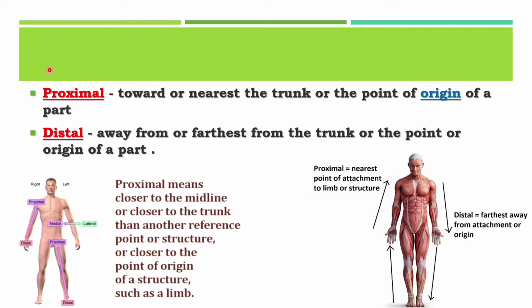Starting with proximal. Proximal means towards or nearest the trunk or the point of origin of a part. Whereas distal means something away or farthest from the trunk or the point of origin of a part. See, we are taking the example of this arm. Now, we'll just divide it into two parts.